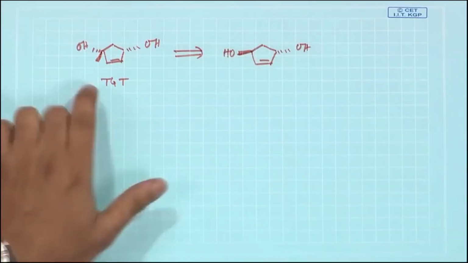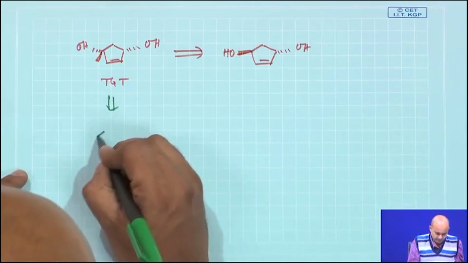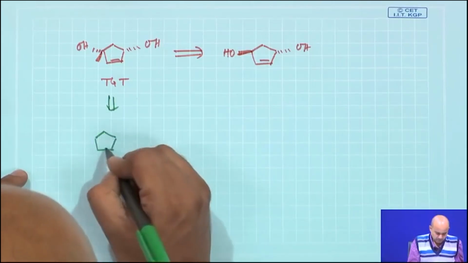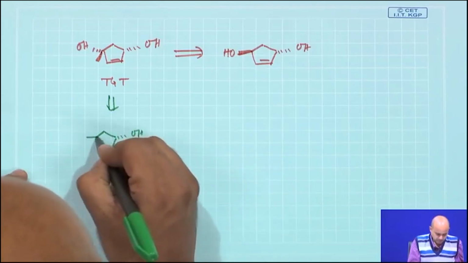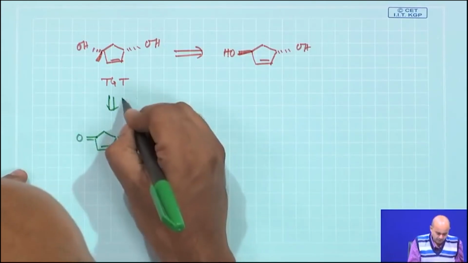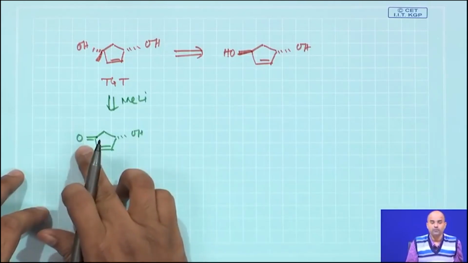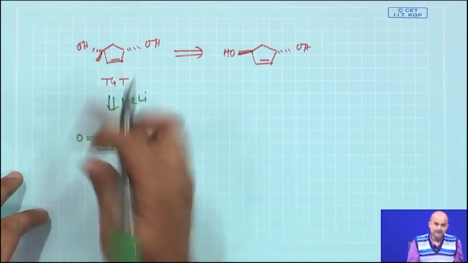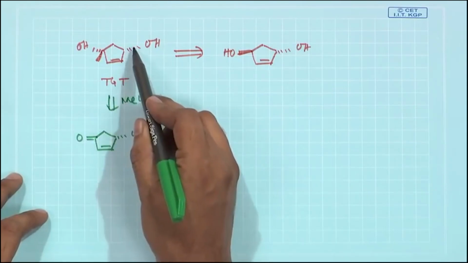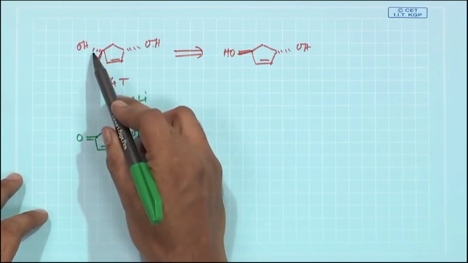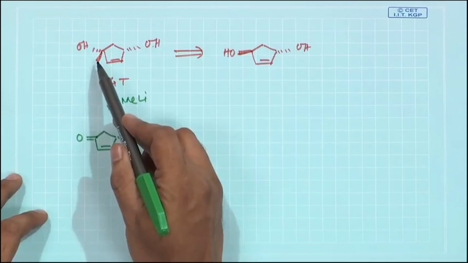Now, if you analyze what you need, you need an addition of methyl lithium on this carbonyl compound. The stereochemical aspects we will also be considering. You see, both the OH are below the plane of this cyclopentane ring, and the methyl which is coming is above the plane.